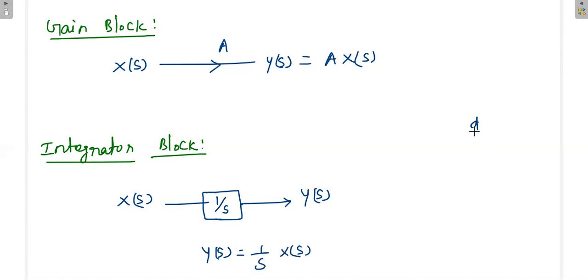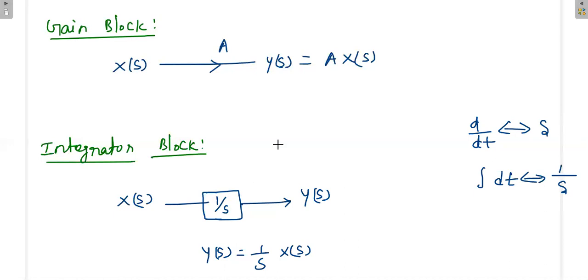We know that d/dt means multiplication with s. So its opposite, integration, means multiplication with 1/s, because the integrator and differentiator are opposite to each other. That's why instead of s, we use 1/s. So the integrator block introduces a 1/s term.